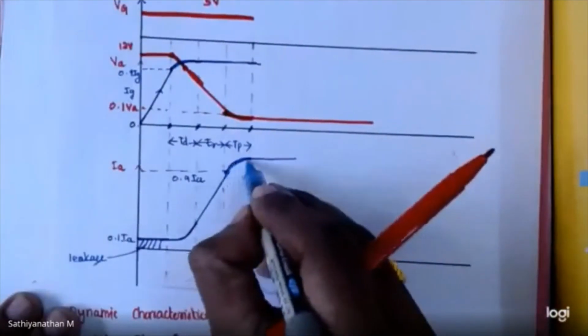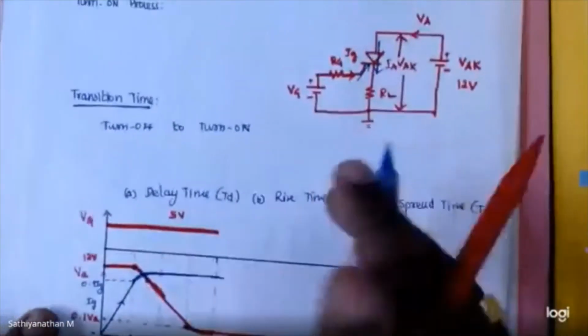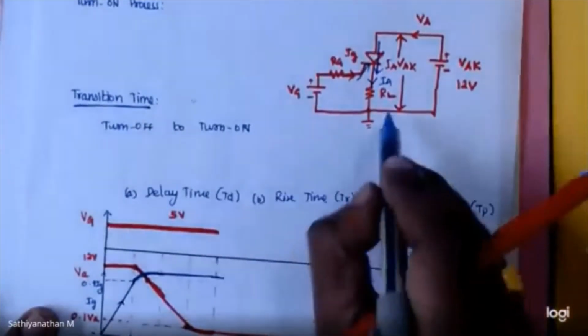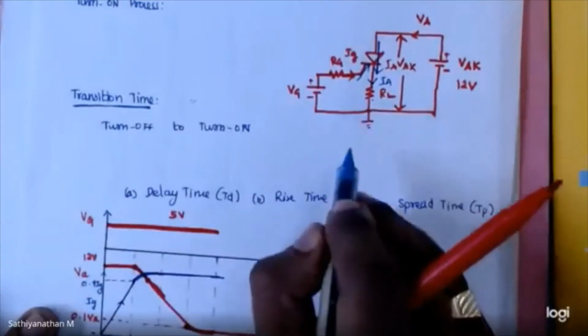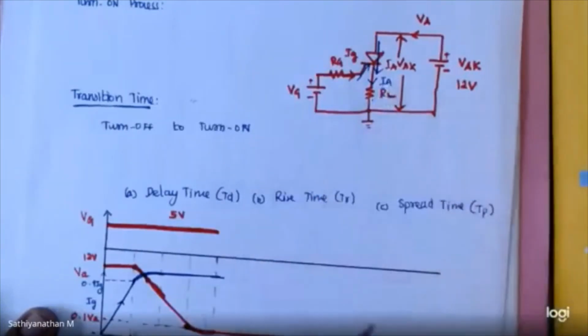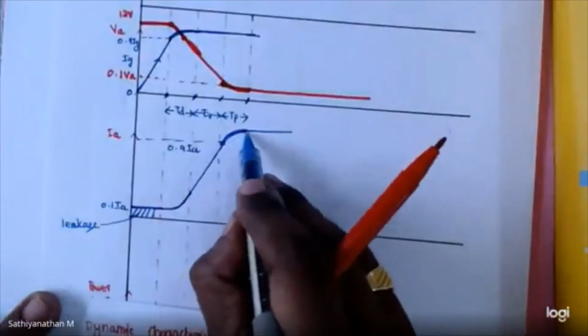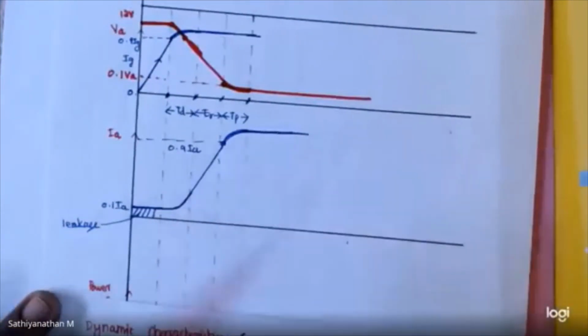So this is the maximum current. This is your maximum anode current, because here you have a fixed R load. So the current is almost constant during this time period, so it is always constant.